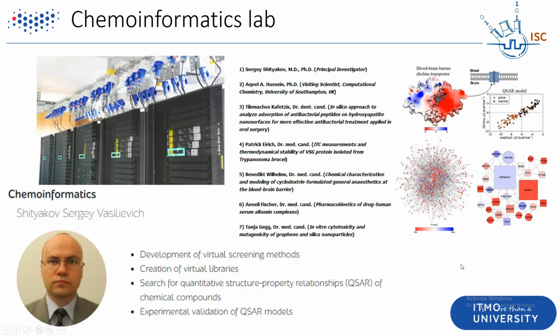And this is the highlight of our experiments. They were published a couple of years ago. As you can see, there are some models. For instance, these models describe the protein-ligand interaction. This protein is called the blood-brain barrier choline transporter.